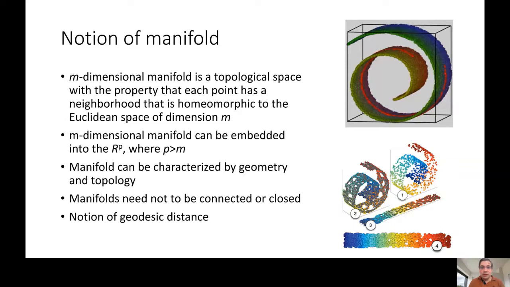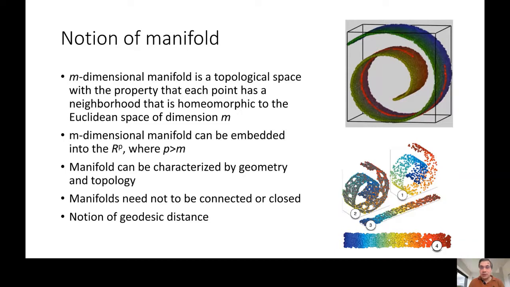We are not going into details of these descriptions, which should be the subject of another course in mathematics. But what I would like to say here is that we should distinguish geometry and topology.